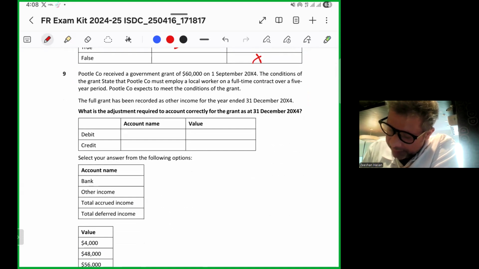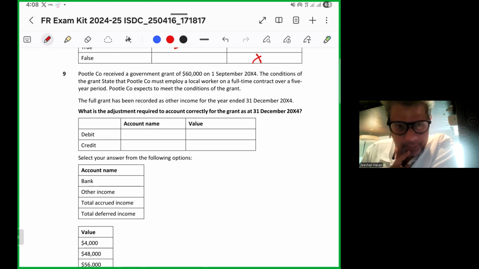The condition of the grant states that the hotel company must employ a local worker on a full-time contract over a 5 year period. Hotel company expects to meet the condition of the grant. The full grant has been recorded as other income for the year ended 31st December 2004. What is the adjustment required to account correctly for the grant as at 31st December 2004?